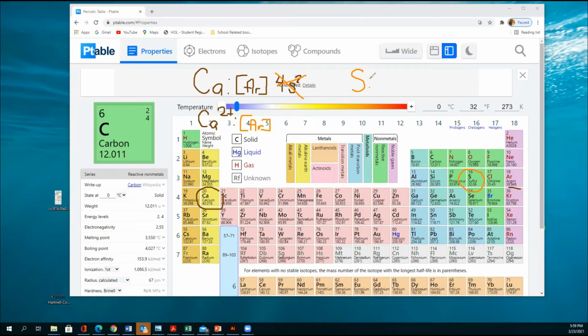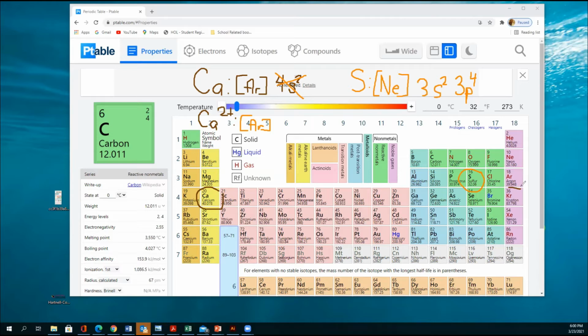Sulfur is neon core, then 3s2, and then 3p4.